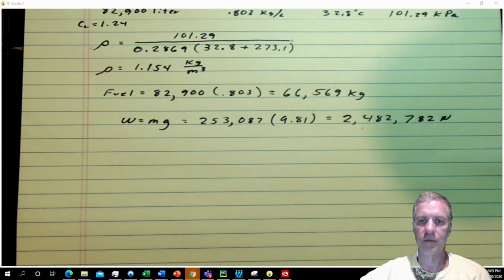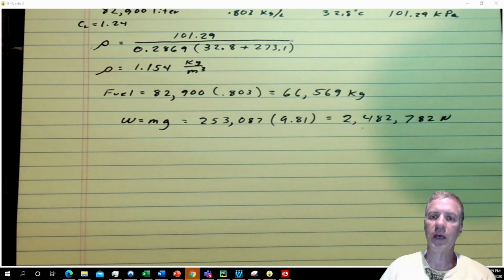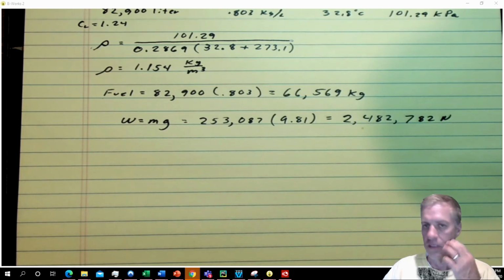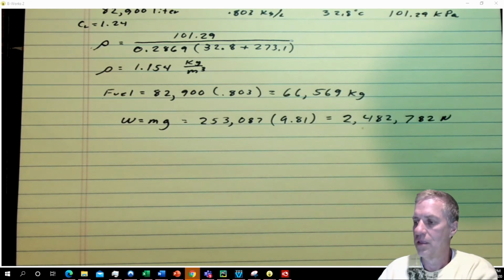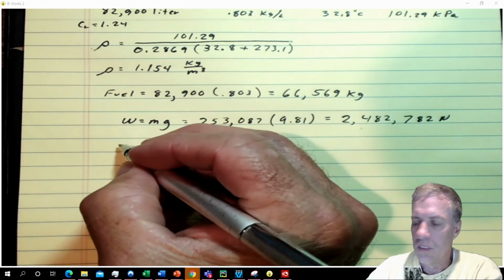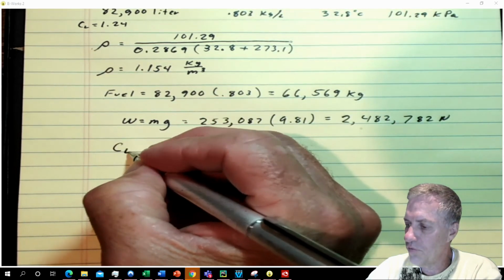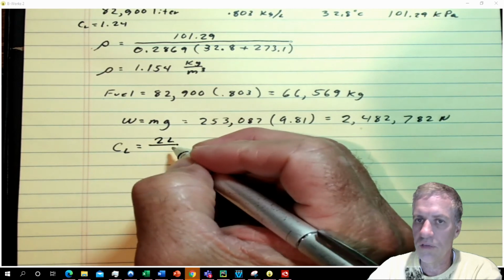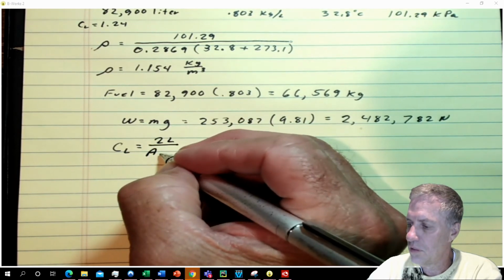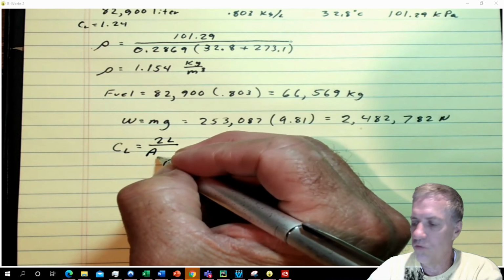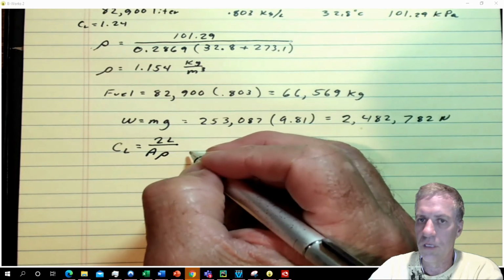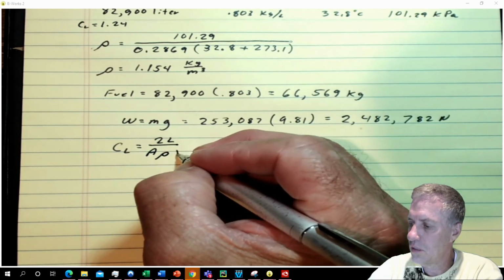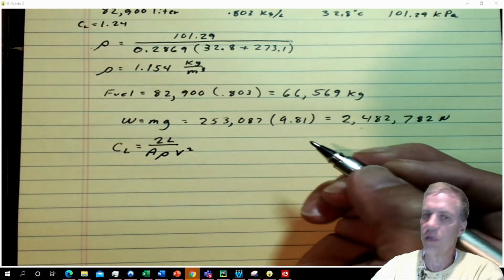All right. So now we want to calculate the velocity. Now, if we take the formula for the coefficient of lift, which is 2 times the lift, over the area of the wing, times our density, times our velocity squared.